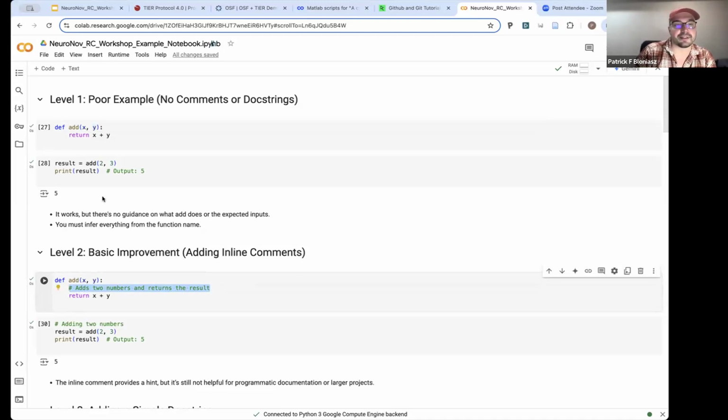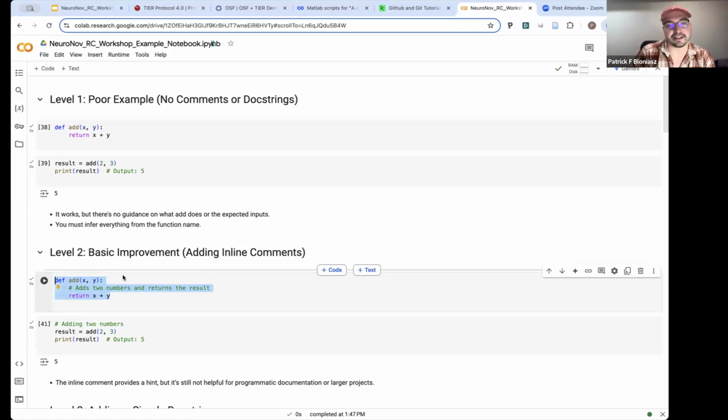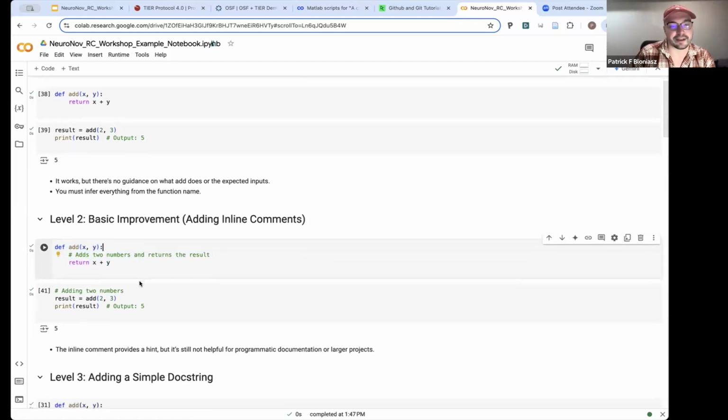I'm just going to run these real quick. That improves our intuition because we can at least expect it to add things together and give us the sum.